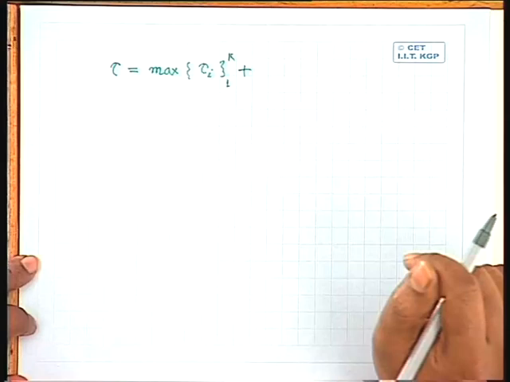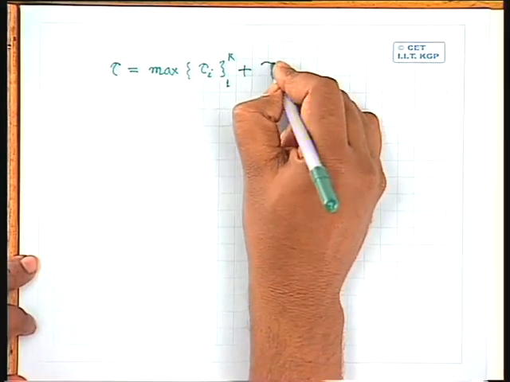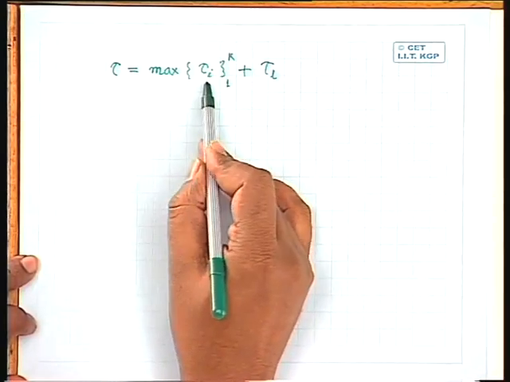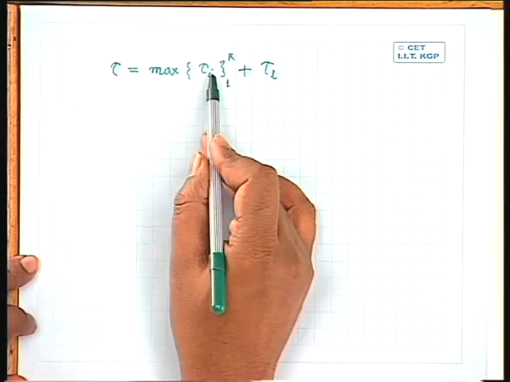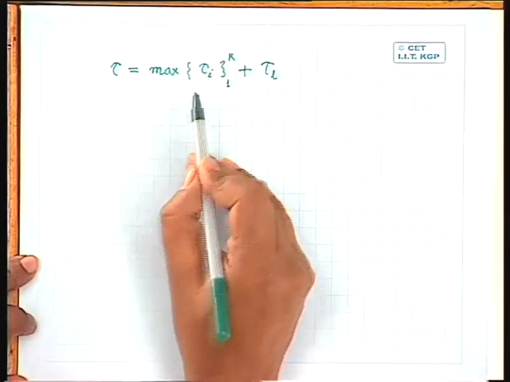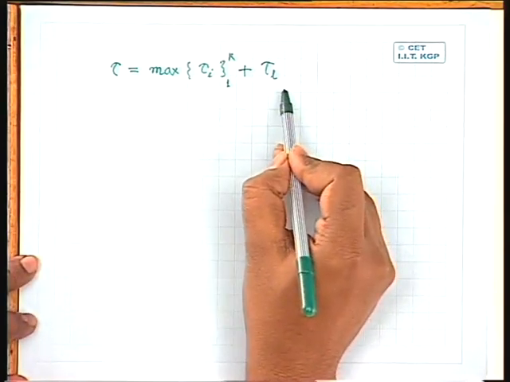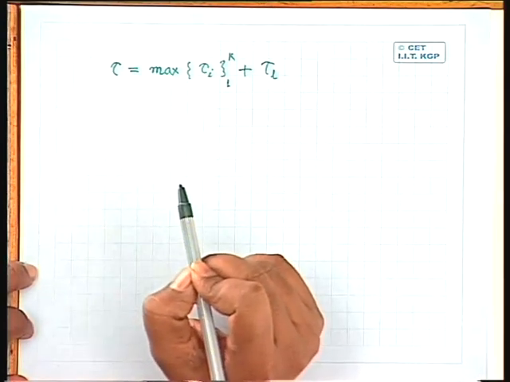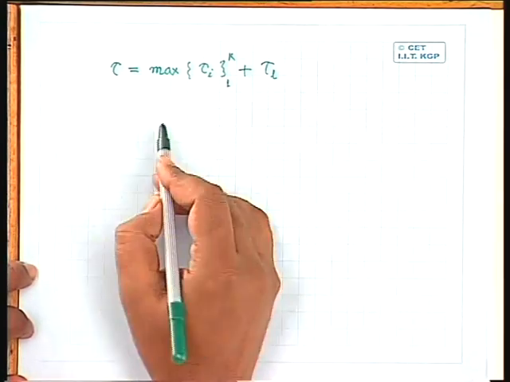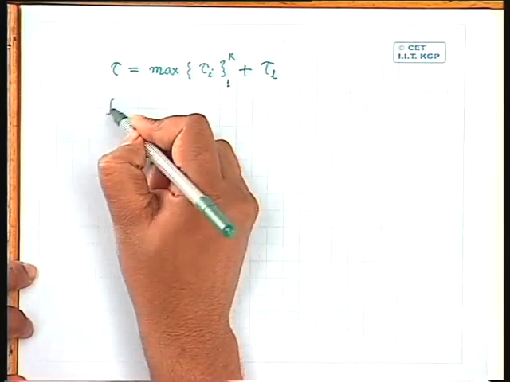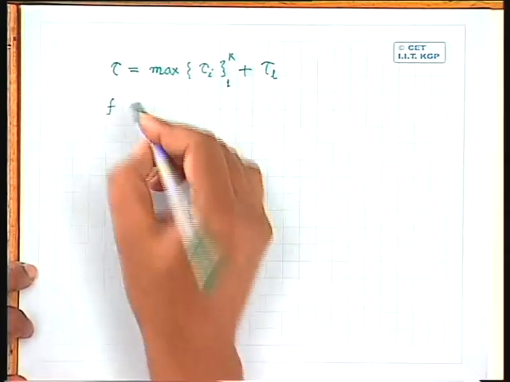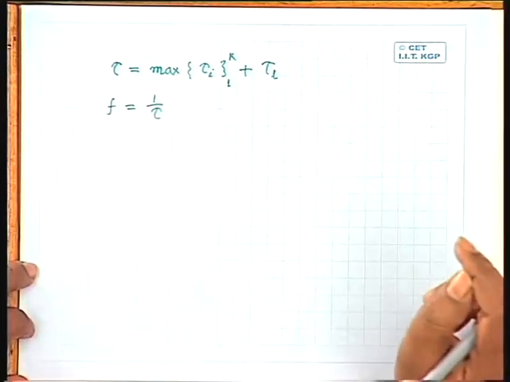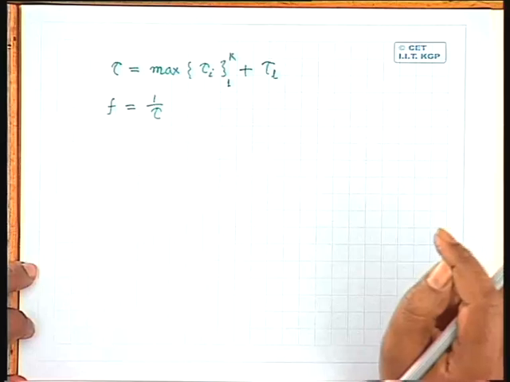Every latch will incorporate some delay. Okay? So if I say that latching delay is tau L, then tau is given by the maximum of tau i, where tau i is the computation time of the ith pipeline stage, plus tau L, where tau L is the latching delay. Okay? And from this, you find that the rate at which the task can be pumped through the pipeline is simply f equal to the reciprocal of tau. Okay. So this is a very simple calculation.